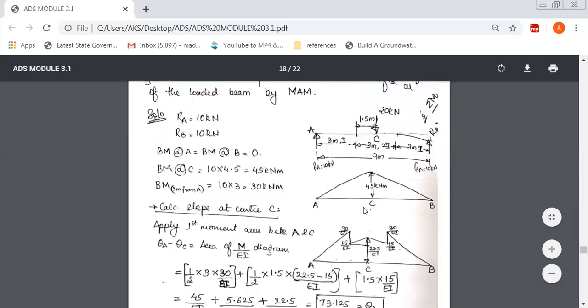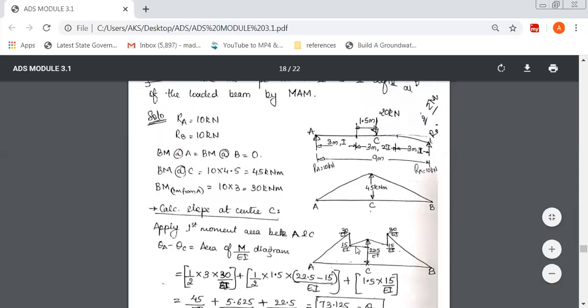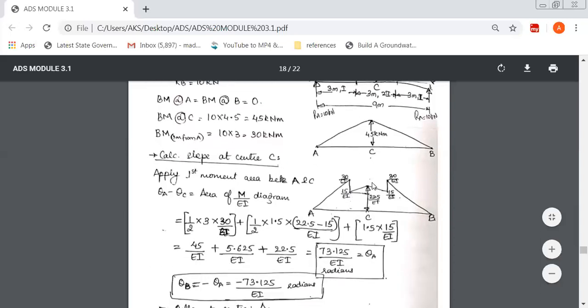The base is just 1.5 meter, and the height is 22.5 minus 15, which will give me only this portion. Next, plus, this is a rectangle now. So the rectangle is length 1.5 into breadth, which is 15 over EI into 1.5.